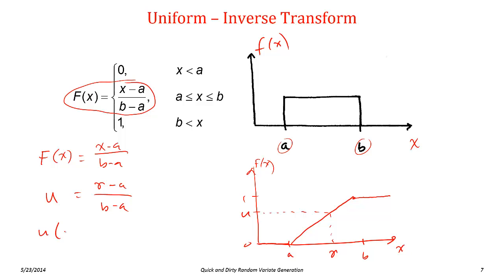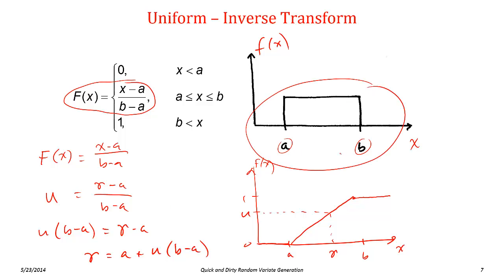So I'm going to get u times b minus a equal to gamma minus a, where gamma is equal to a plus u times b minus a. So I can sample my u and then solve this expression to get observations of gamma, which will be uniformly distributed on the interval AB.